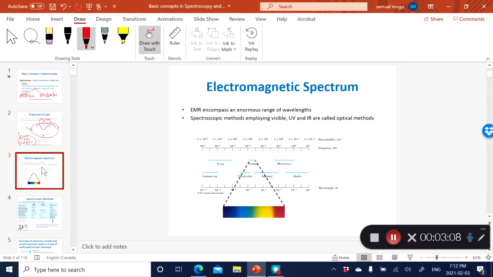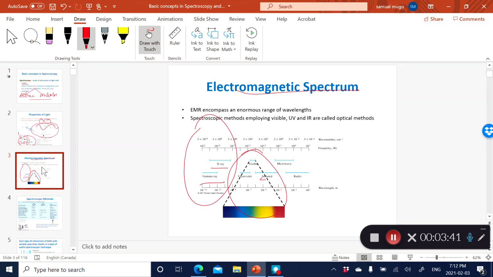Now, as I've mentioned, electromagnetic radiation or light is a continuum of different energies. You can have very high energy electromagnetic radiation, meaning it's very, very penetrative, things like the gamma rays, the X-rays and so on. And you can have the optical range, that is ultraviolet radiation, the visible range, as well as the infrared.